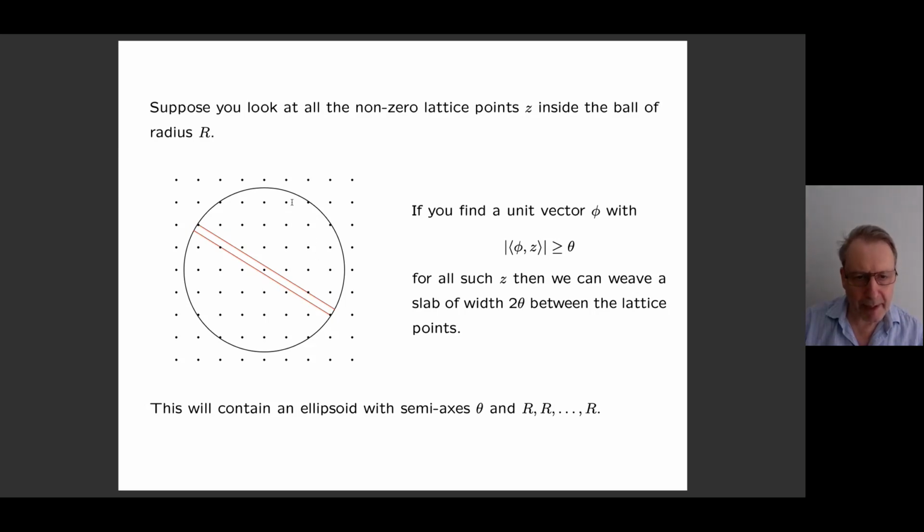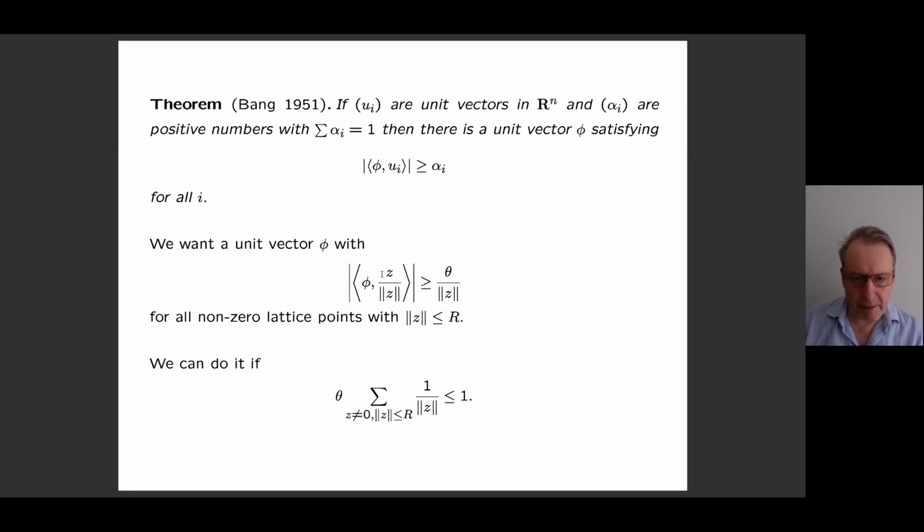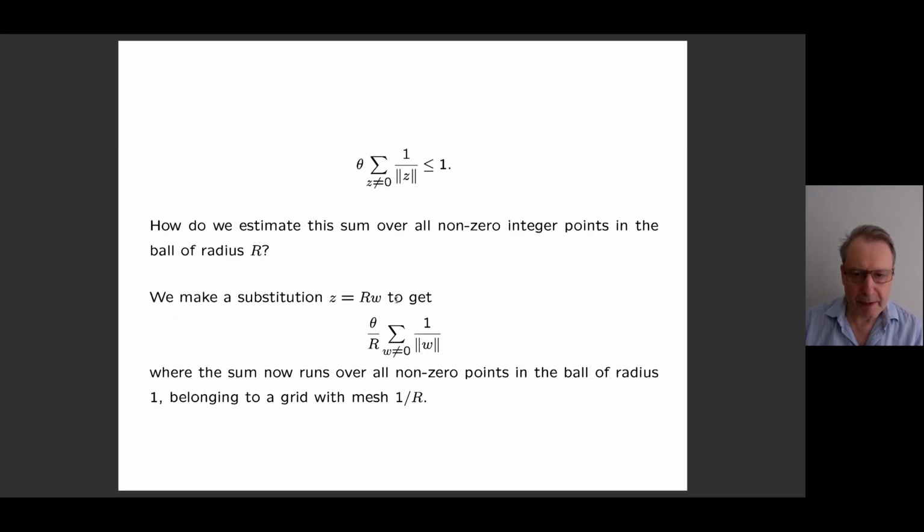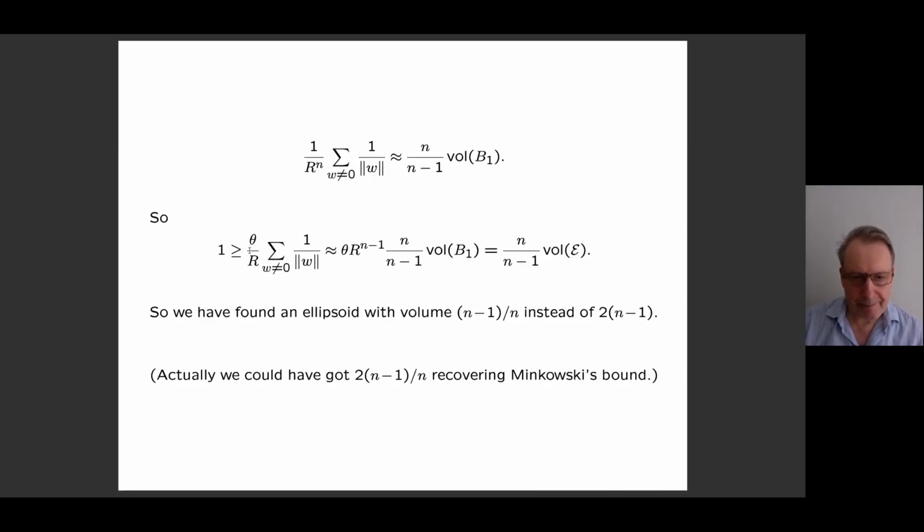So I could start off by partitioning the integer lattice points inside this ball into 2 sets, so that each pair of opposite points has one point in one of the sets and one in the other, and then just take this sum for one of the sets, so half the lattice points, and that'll give me half as big a value, and that'll mean that I can take theta to be twice as big.